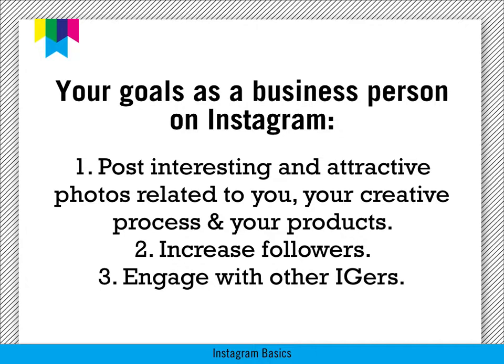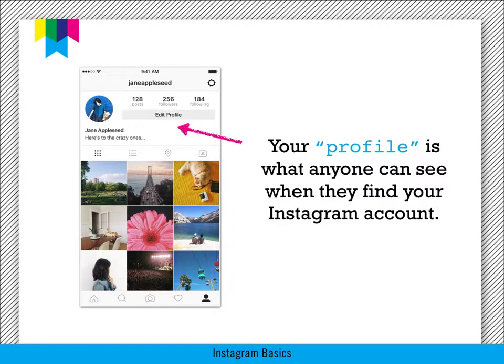So the first thing you're going to want to do is download the app to your smartphone. It's not something that you can do on your desktop or your laptop. You need to have Instagram on your phone. So you're going to download that, and once you do, it's going to walk you through a process. You're going to want to fill out your profile, which is basically what anyone can see when they find your Instagram account.